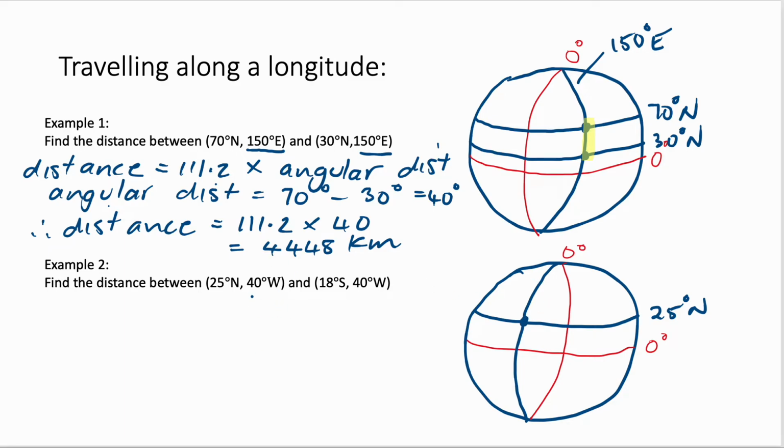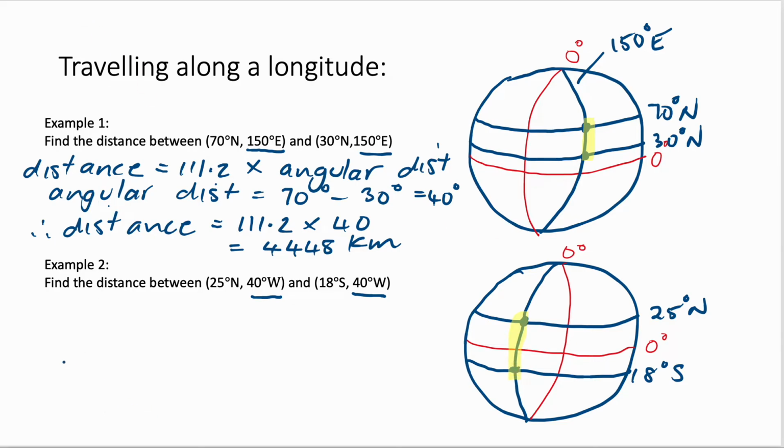So notice what stayed the same this time. We're both on 40 degrees west. So they're on the same longitude. But our second place is at 18 degrees south. So that's going to be below the equator. Just mark that in. So here's this place. So once again, we can see we're traveling in a north-south direction.